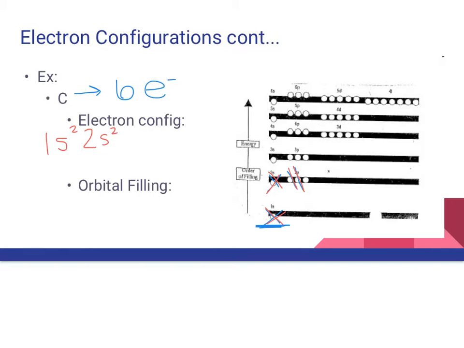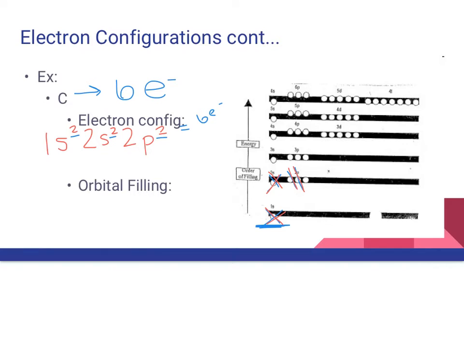Once the 2s was filled, I moved over to the 2p, and once again, I have 2 electrons. When it comes to electron configuration, these superscripts up here should always total the number of electrons. And 2 plus 2 plus 2 does indeed equal 6 electrons. So if those numbers match, that is a good indication that my electron configuration is correct.